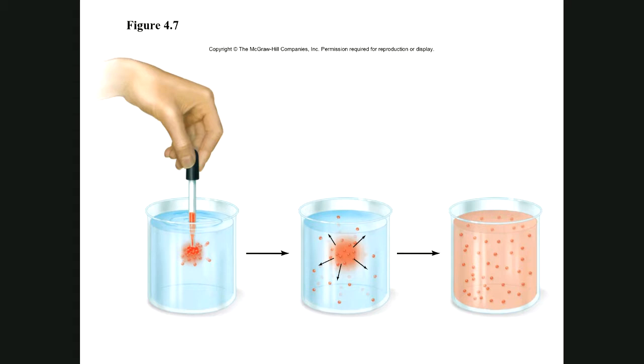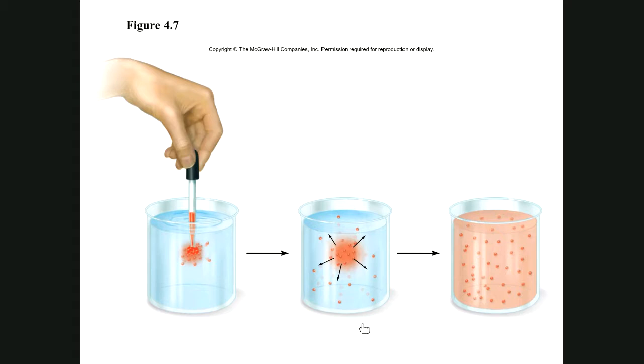So here's a perfect example of diffusion. Here we have a dropper of blood. This dropper of blood is going to disperse the solutes into this solution of fluid, which is water. And here you're going to see random motion based on kinetic energy will make the blood move and collide constantly.